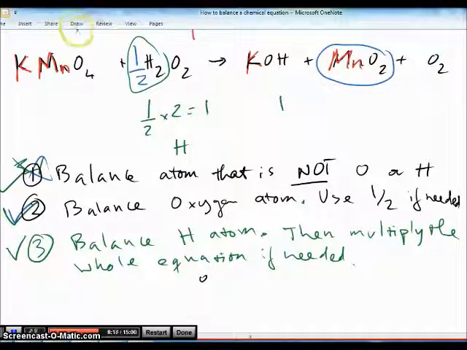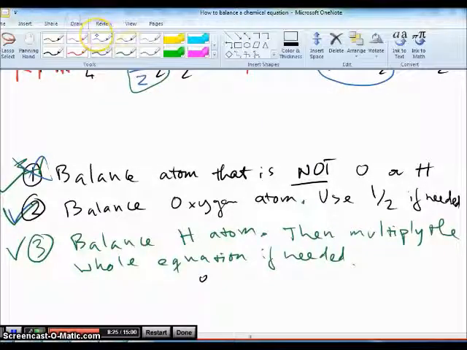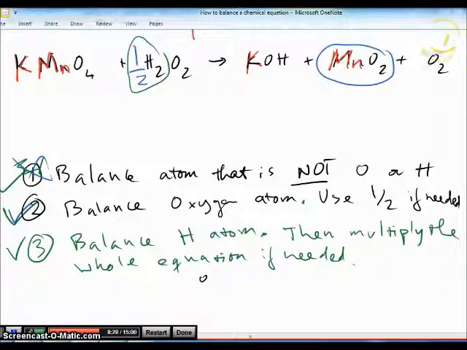Okay, well, although this is usable, it's kind of ugly. I mean, there's a 1/2 here. I really don't like it. So what I can do is multiply this entire equation by 2.